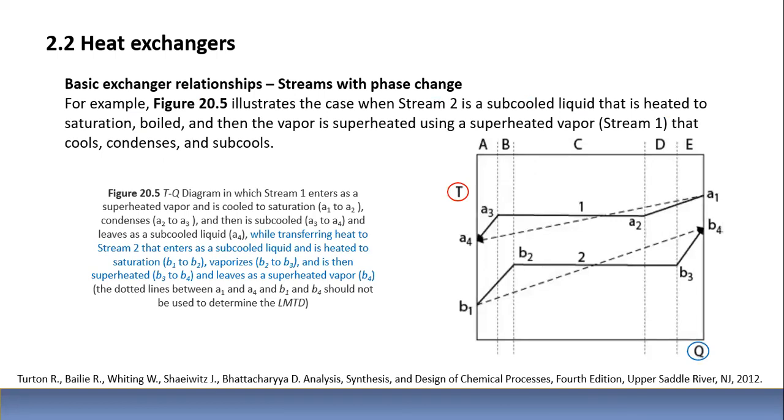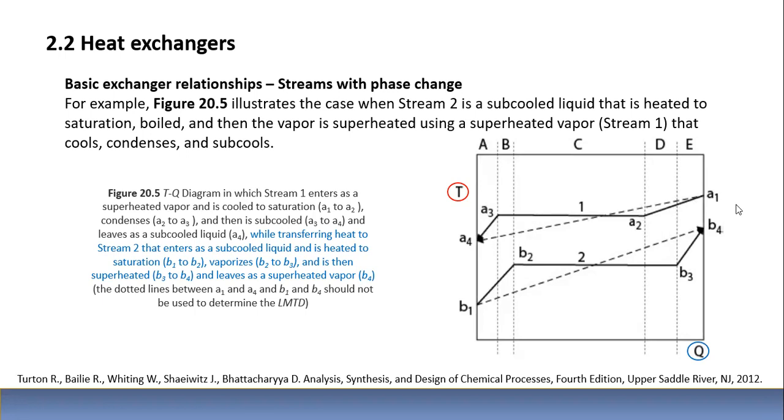For example, figure 20.5 illustrates a case where stream 2 is a subcooled liquid that is heated to saturation, boiled, and then the vapor is superheated, using a superheated vapor that cools, condenses, and subcools. Okay. So we could see here, if we check the legend on the left, it says TQ diagram, in which stream number 1 enters as a superheated vapor, which is this position A1, and is cooled to saturation in position A2.